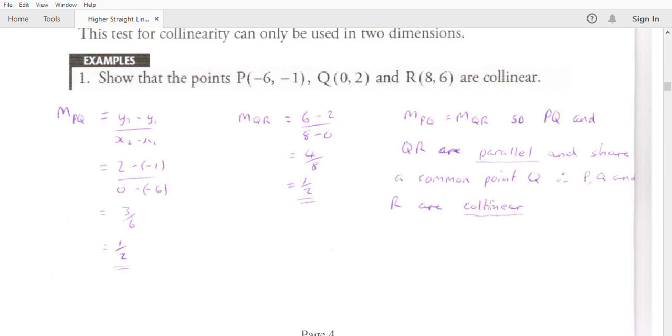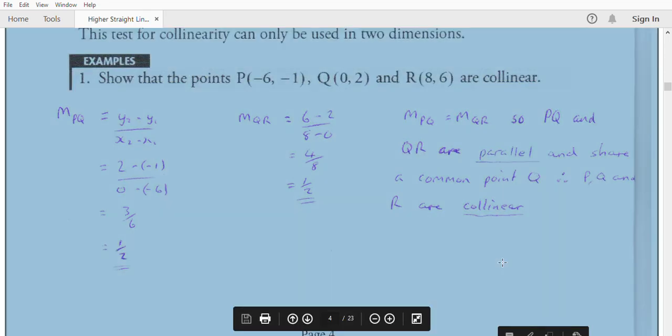What we cannot say is that P, Q and R are parallel, because they are 3 coordinates, the coordinates are not parallel. We also cannot say PQ and QR are collinear, because they're not, they're parallel.